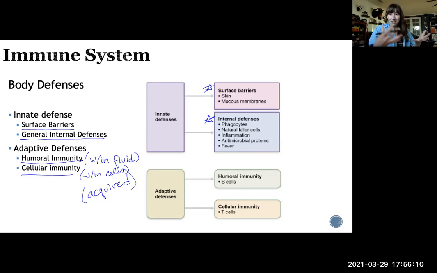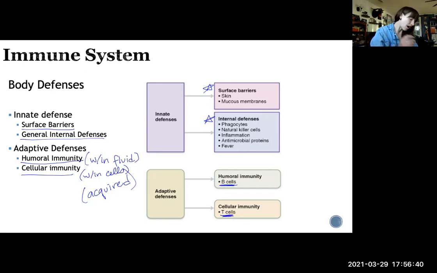So one happens outside of cells in the humor, we call it humoral, and the other is happening in cells, we call it cellular. Your B lymphocytes that we talked about in our last lecture, in the last half of the lecture on the lymphatic system, are prominent in your humoral immunity, while the T lymphocytes are more prominent in the cellular immunity, okay?